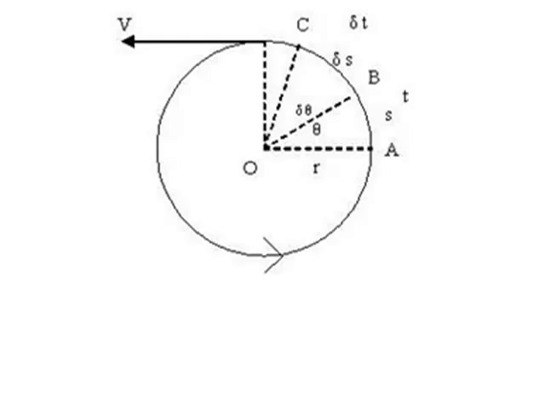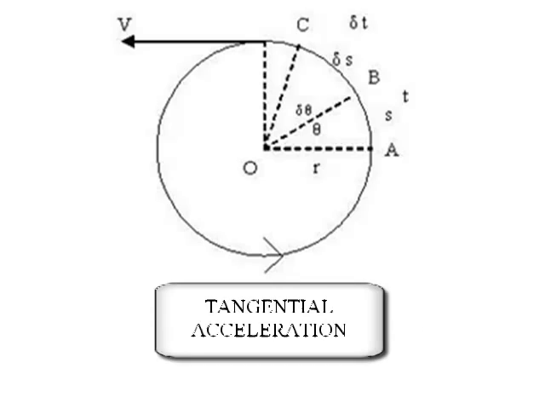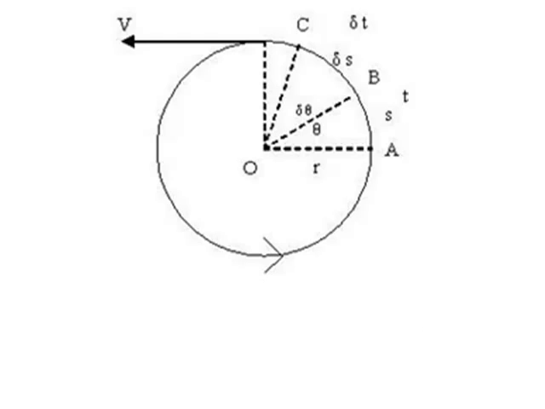Up till now, we have studied many vector quantities such as angular displacement, angular velocity, angular acceleration, linear velocity, tangential acceleration, etc. The directions of all these quantities can be obtained with what is known as right hand rule.